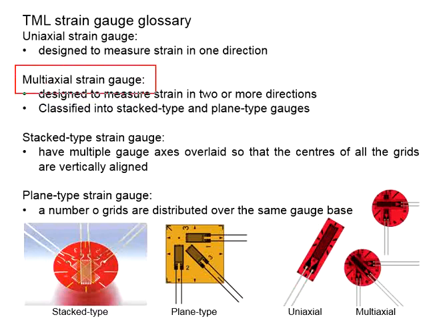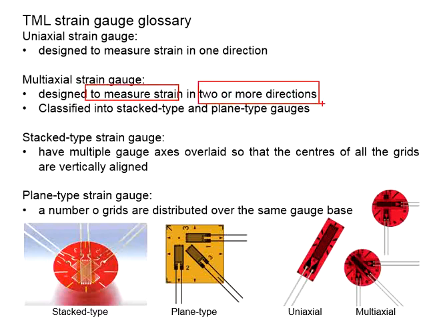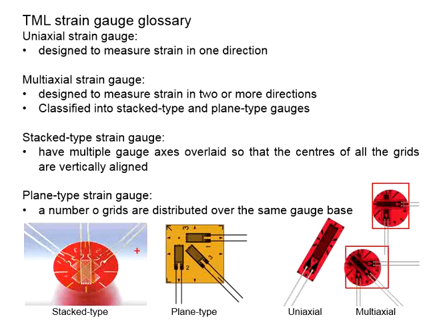As for the multi-axial strain gauge, it can be used to measure strain in two or more directions. These are multi-axial strain gauges. This is a 2-axial strain gauge and a 3-axial strain gauge.